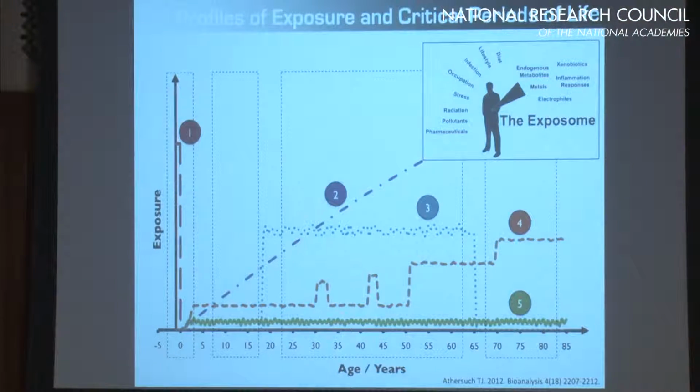The other thing to know about is the sample time, the time of life when we select these samples, because there are very different exposure profiles at each of these critical periods throughout life. If we sample only at one time point, we're limited in what we're able to attribute to the disease in our analyses.